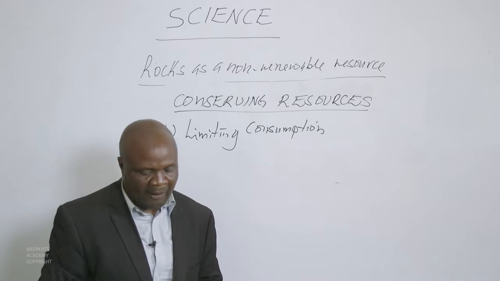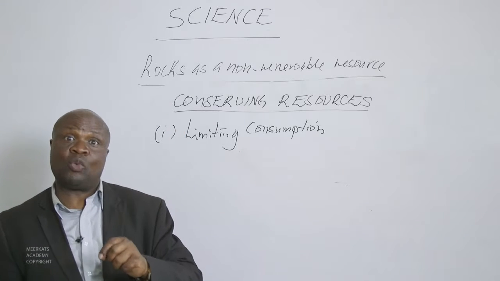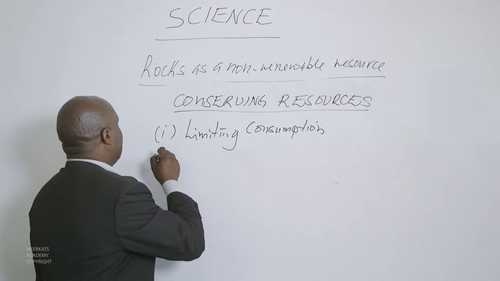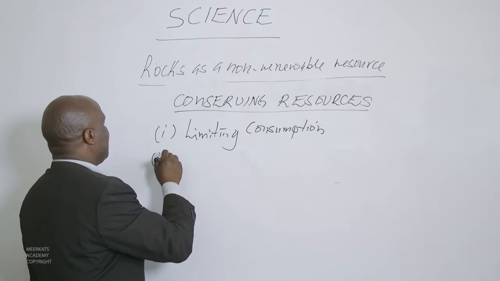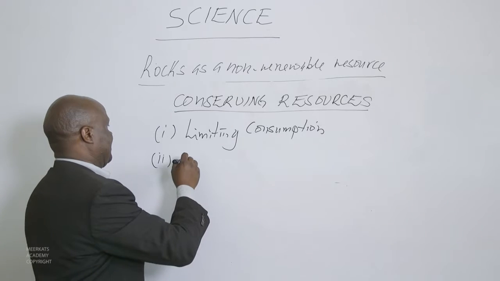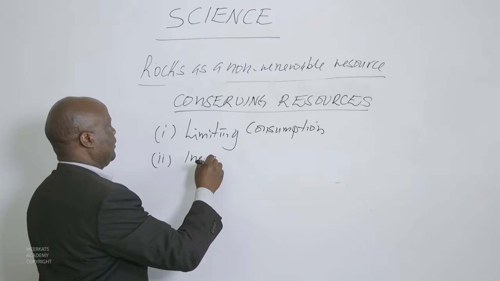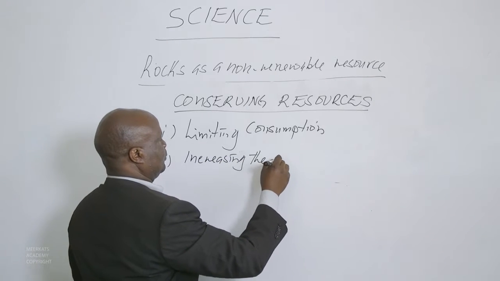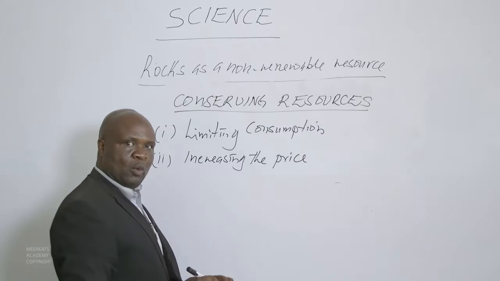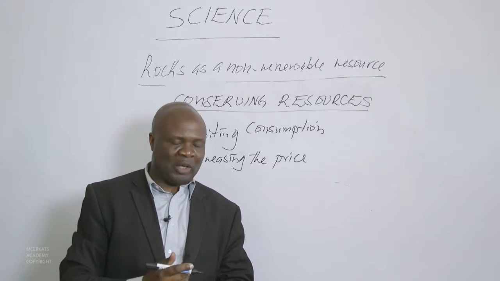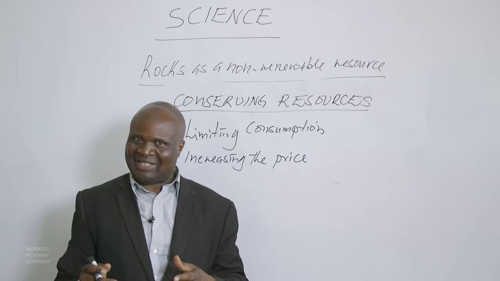Then we are saying there is also a second way you can conserve resources, and this second way we call increasing the price. Now, when we talk of increasing the price, human character is funny.